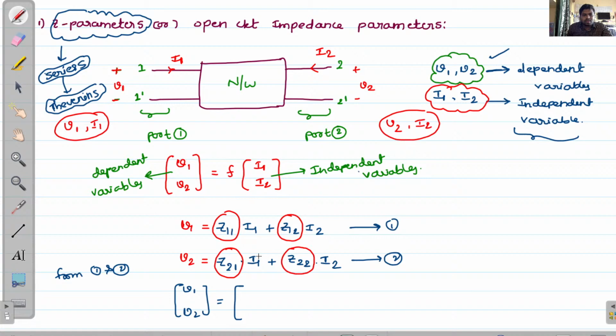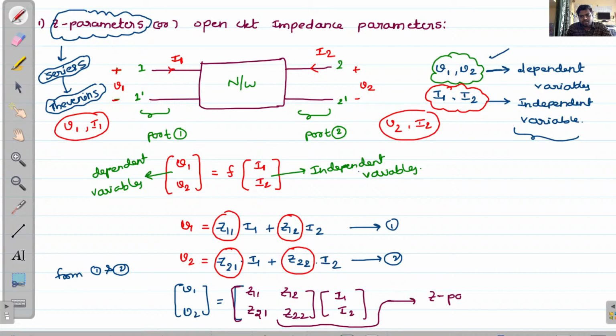So you can take the Z parameter matrix here, that is Z11, Z12, Z21 and Z22, which is multiplied with the independent variables, that is I1 comma I2. This is the Z parameter matrix.